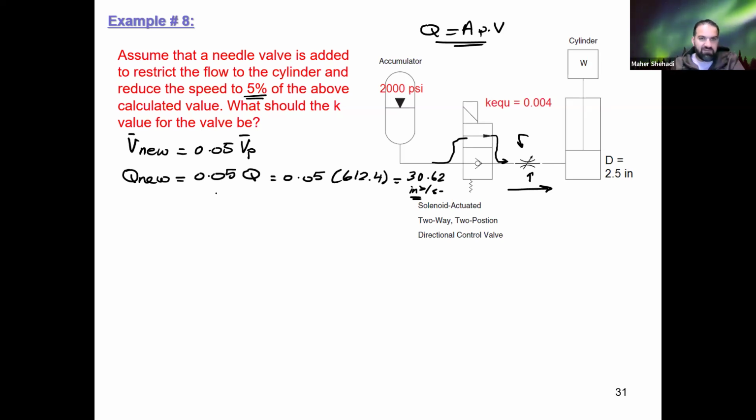Because again, we have that equation: delta P for the needle valve is K equivalent times Q squared. I need to find this K to give me the Q new. We worked the other way, so we're doing it backwards. We already found Q, we're going to plug it here. So what is delta P across that needle valve?